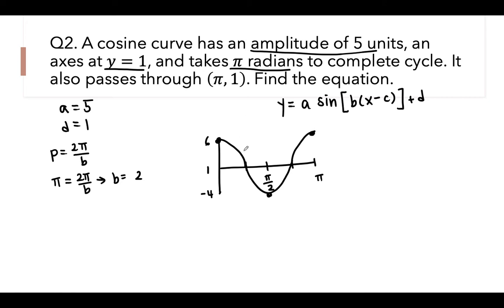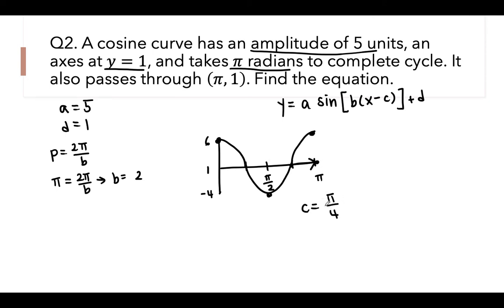Okay. Now, as you can see, it passes through (pi, 1), meaning when it's at pi, it's supposed to be here, this point. So that means this point has been shifted to come this way. Do you see that? So there is a phase shift, which is pi over 4, because each square represents pi over 4.